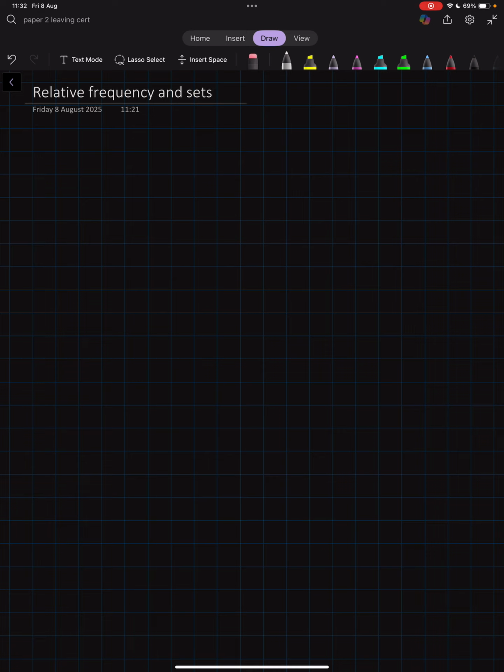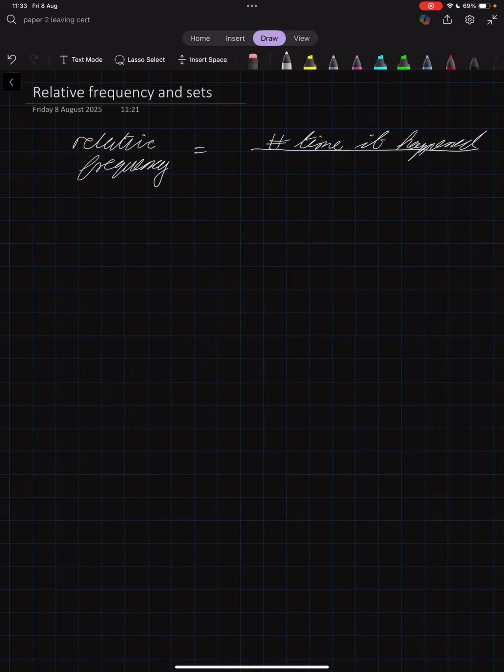at that. So what is relative frequency? So there's a formula for relative frequency. This is basically just the number of times an event happened divided by the total number of trials.